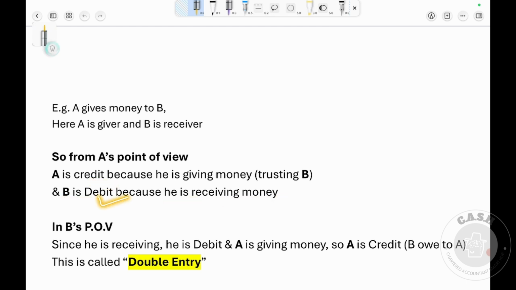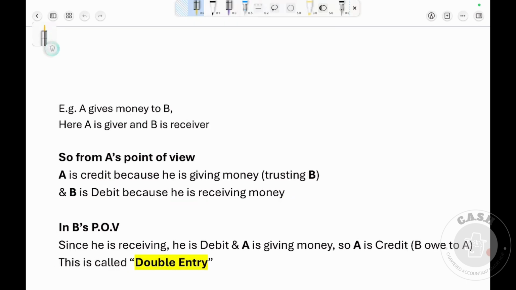Debit the receiver, personal account says. But from B's point of view, since B is receiving, he is debit. A is giving money, so A is credit, which means B owes to A. This is called double entry system.